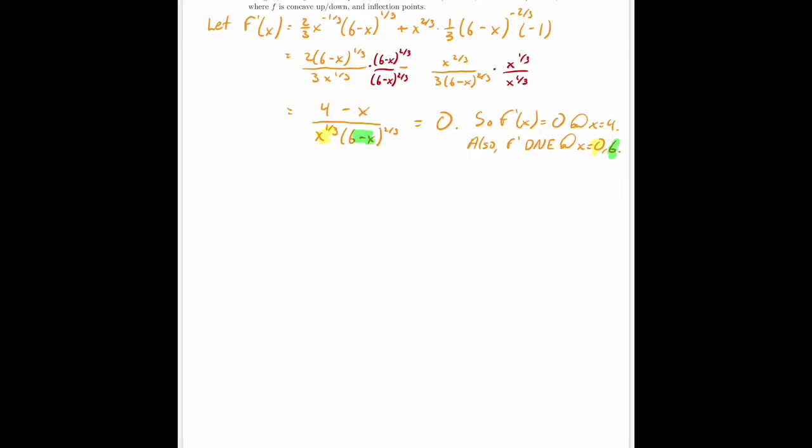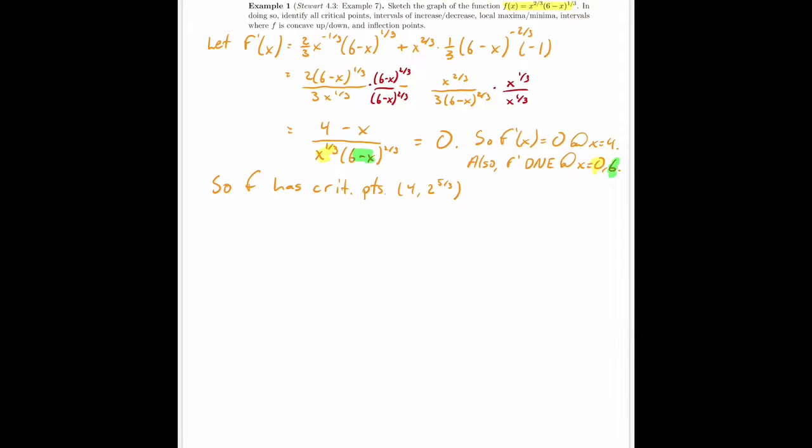So the one thing I'm going to write down here, I'm not going to get into the intervals of increase, decrease. I'm not going to get into local max and min. I'm going to save that for when we do the chart a little bit further below. But what we do have is that f has critical points. For 2 to the 5/3, that's what you get when you plug 4 into your original function, highlighted in yellow up there. 0, 0.